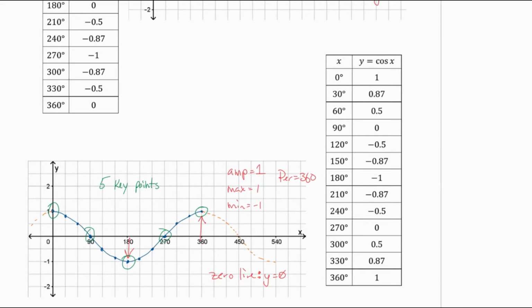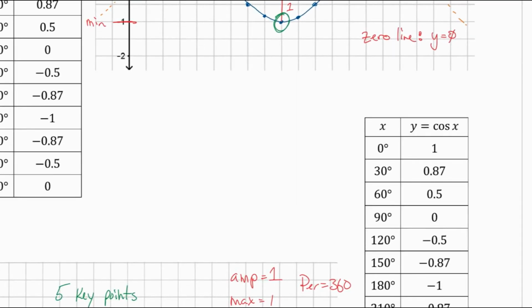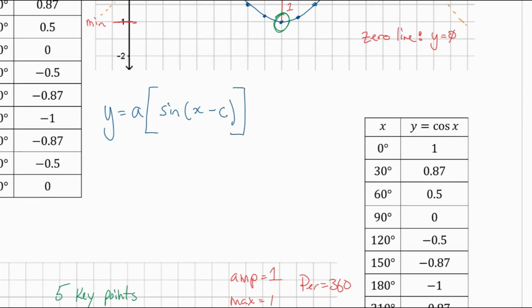Okay, and here's what the equation of sine might look like. y equals a sine, in a square bracket, x minus c, plus d. Or y equals a cos x minus c plus d.